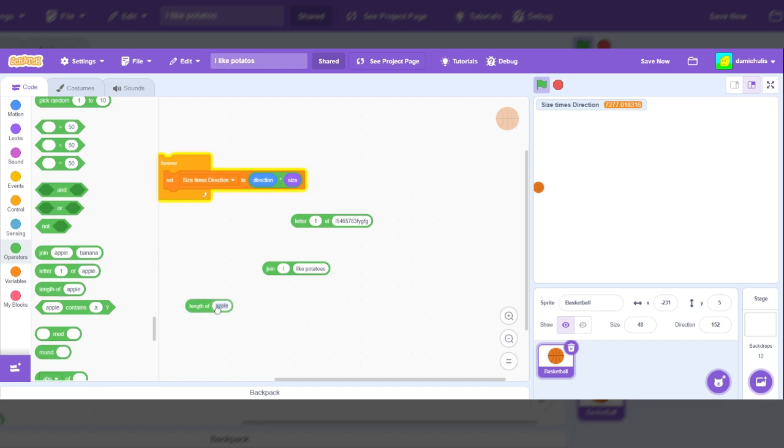Length of apple, which is 5. Length of another phrase, 13. And apple contains a? True. Your mom contains a? False. True.